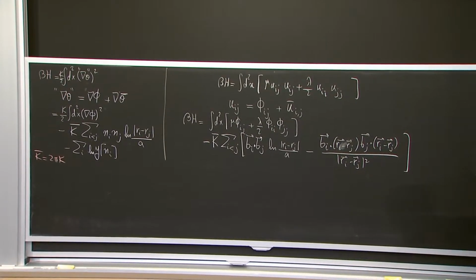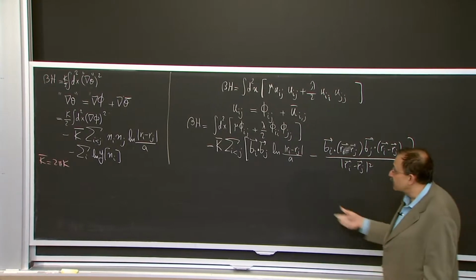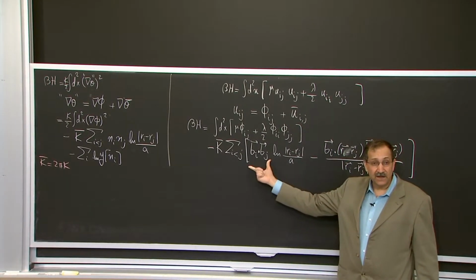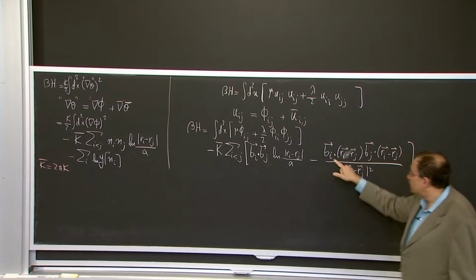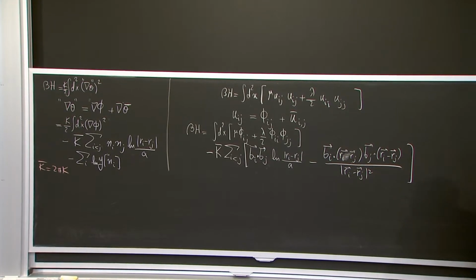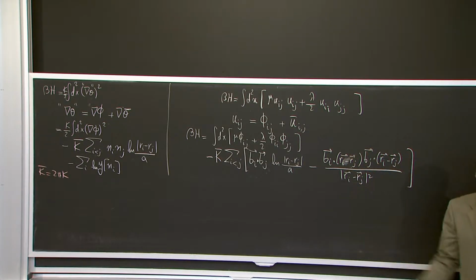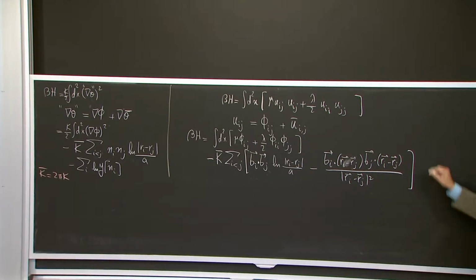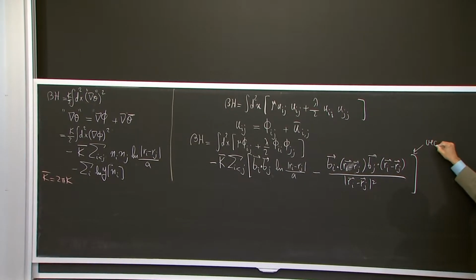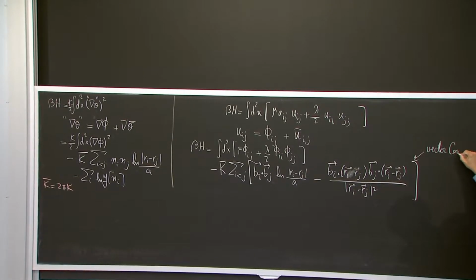If you think about an isotropic system and vectors, this is a vector that you can form, but B dot R is another vector that you can form. Both of them appear, and once you go through the whole algebra and do the inverse Fourier transform, etc., you get this additional contribution to this vector Coulomb interaction.